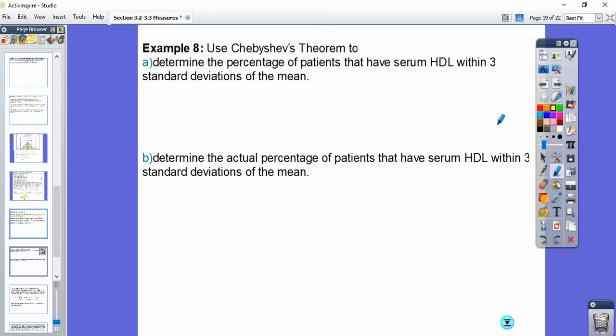So we just do the 1 minus 1 over k squared, where k is the number of standard deviations. So in this case, my k would be 3 squared. So if we do that, we get 0.8 repeating.